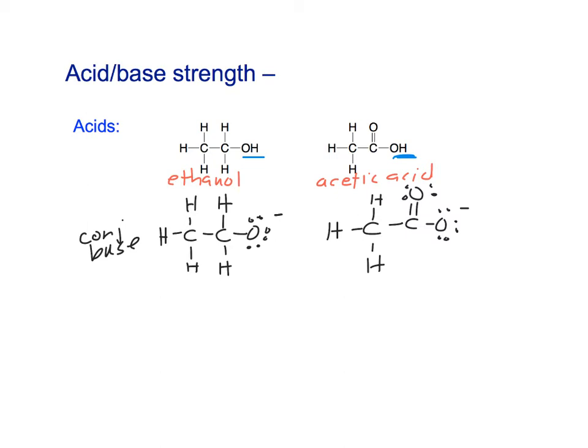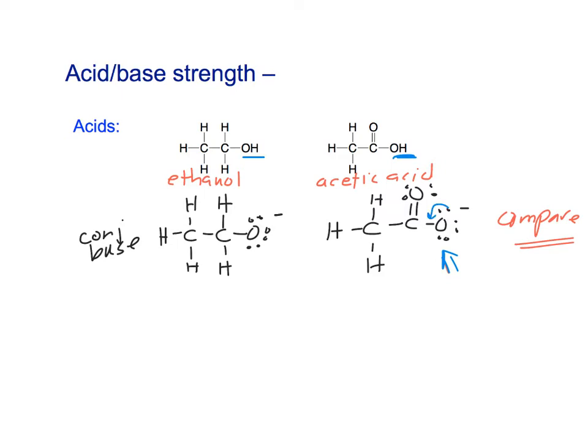All right, so let's compare these two conjugate bases and see if we can decide which one would be more stable. All right, so I would say that this one over here should be more stable. Why is that? The reason is because this molecule, the acetic acid conjugate base, has non-bonding electrons on an atom next to a pi bond, right?